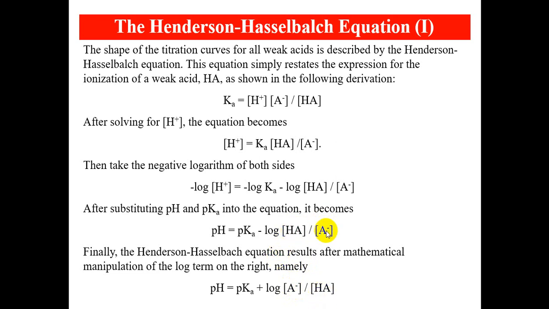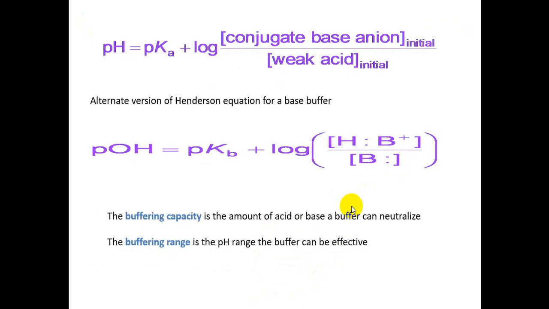When you turn this upside down, the negative sign becomes a plus. So by definition, pH is equal to pKa plus log of conjugate base over weak acid, as we described earlier on.